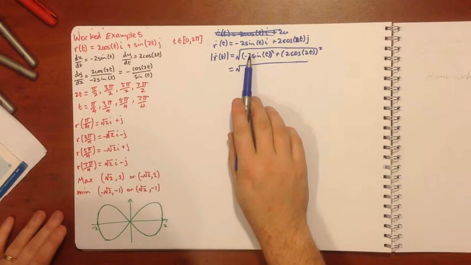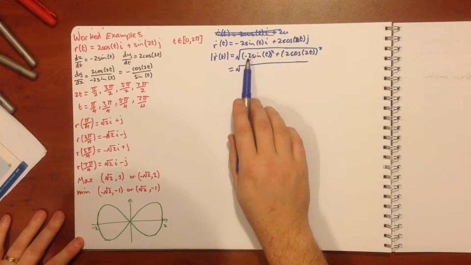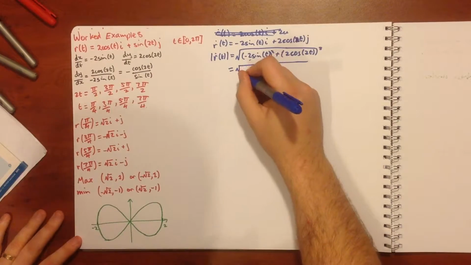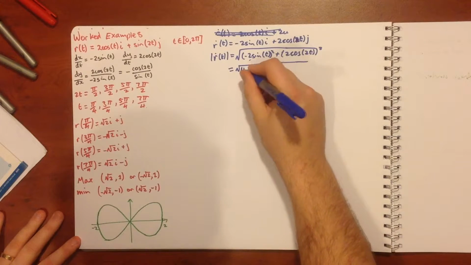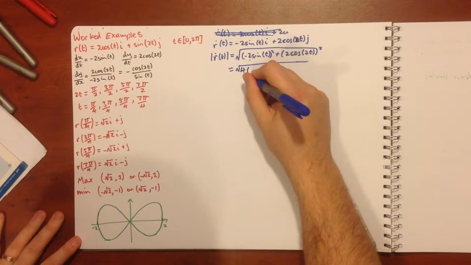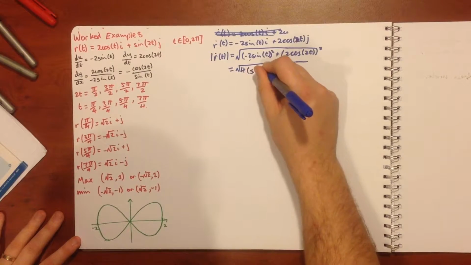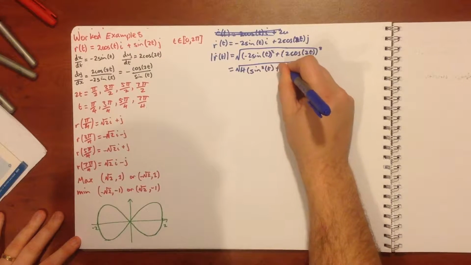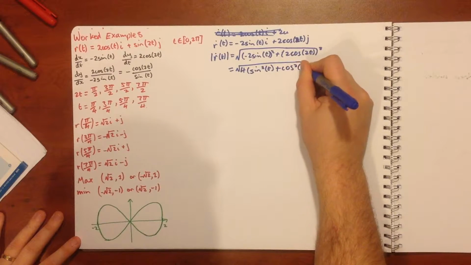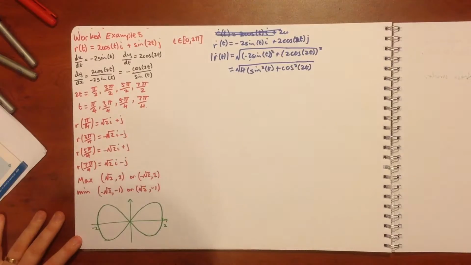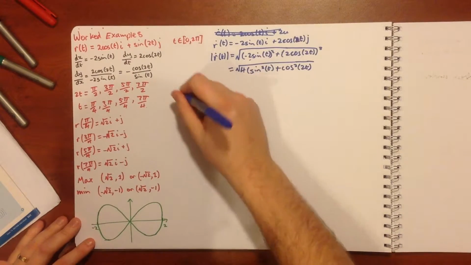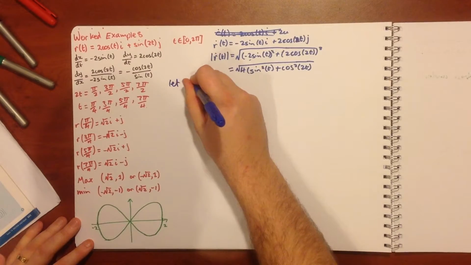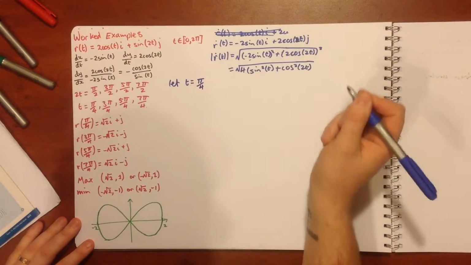We see here that we're going to be squaring our 2's and getting 4's, so we can get 4 outside of our sine squared of t plus cos squared of 2t. Unfortunately we can't do a lot there. What we need to do now is let t equal pi on 4.